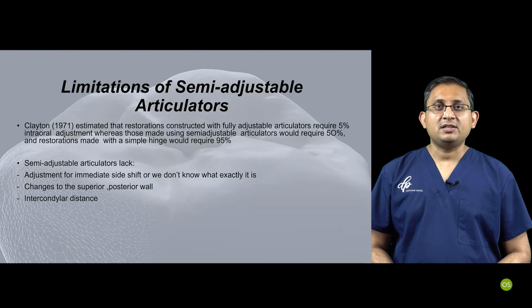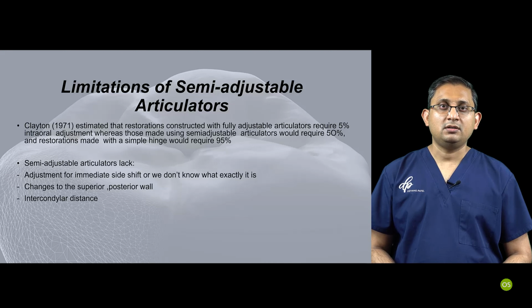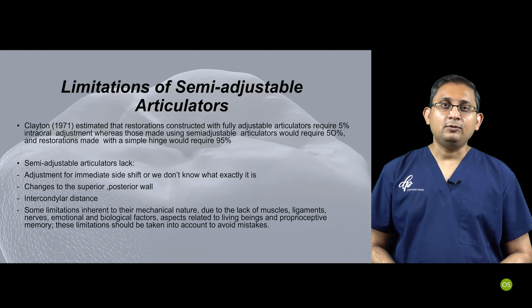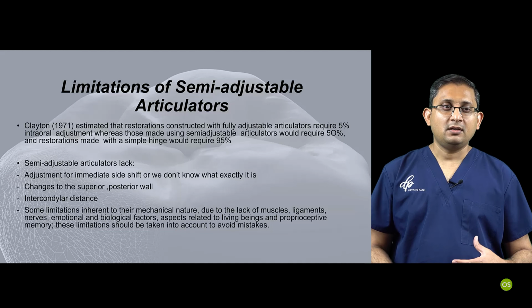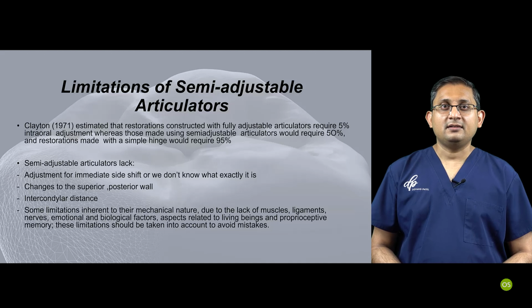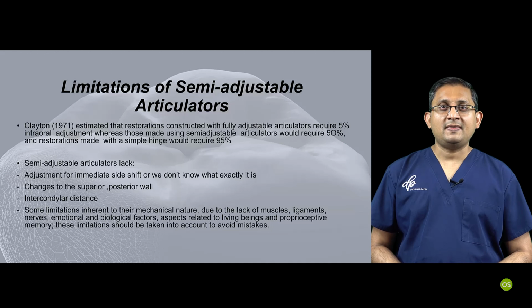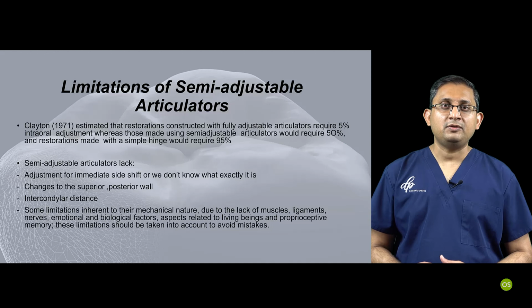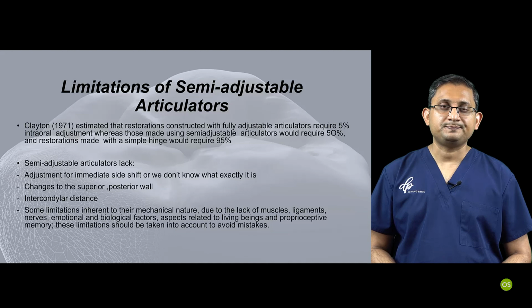In many semi-adjustable articulators, you cannot change intercondylar distance, and that is also a limitation. And also one of the main limitations is it's a mechanical device, and you cannot replicate the musculature, the ligaments, the tendons, and all the aspects related to human beings in the semi-adjustable articulator. And that's why you have to be careful when you're assessing these situations.